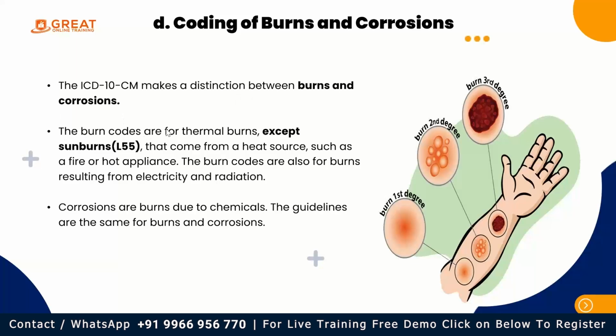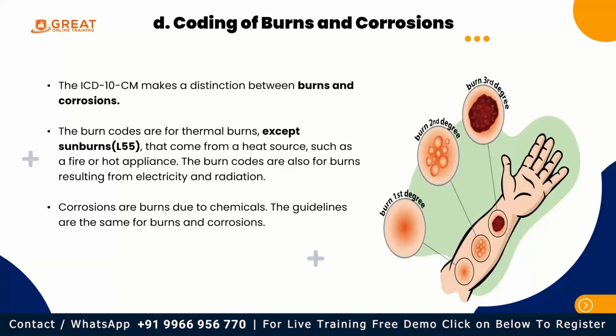The burn codes are for thermal burns except sunburn. Sunburns we code with category L55. Please remember this; it is a very tricky question. Sometimes they ask you to code sunburn and give you the degree of sunburn, and you have to select the correct option.